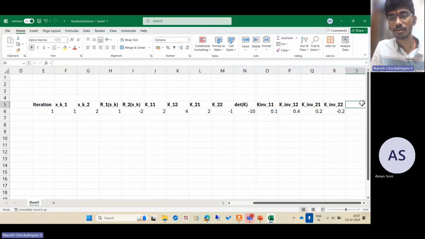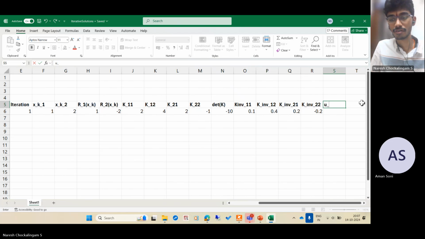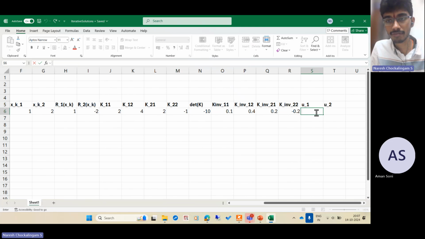So you have a u1 and u2. u1 is minus of k inverse 1 1 star r1 plus k inverse 1 2 star r2, and u2 is minus of k inverse 2 1 star r1 plus k inverse 2 2 star r2.